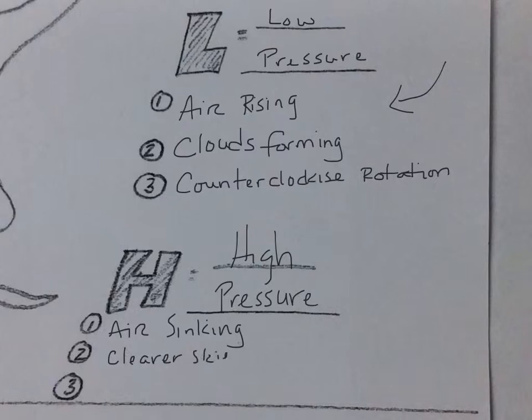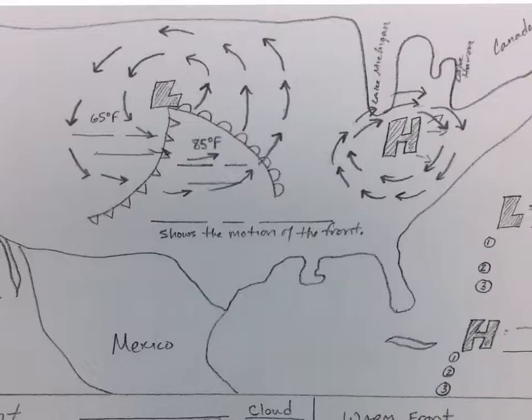That's not to say that you won't have puffy cumulus clouds floating around, but it's not going to be cloud cover. The third thing with high pressure is a clockwise rotation. And we're going to talk about how high pressure brings us nice weather. So you want to see big blue H's sitting over top of your area. When you have that, you're generally going to have good stuff going on.